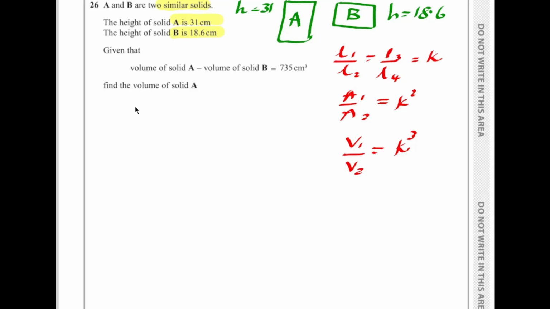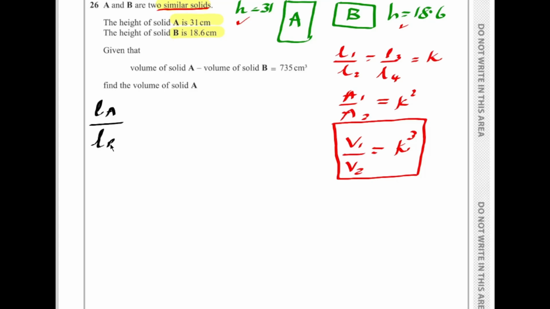Right, since we have to deal with volume here, remember, we need to get the scale factor and cube it. So how do we get the scale factor? We've been given here two lengths, and we've been given that these two are similar. So let's get the scale factor, length ratio. I'm writing length of A over length of B, using their notations.